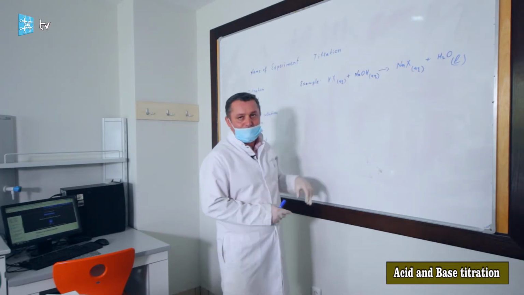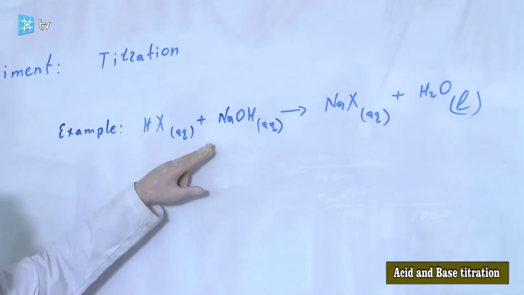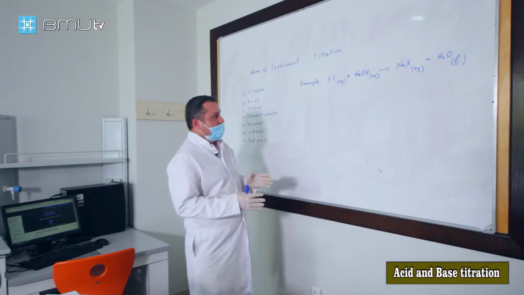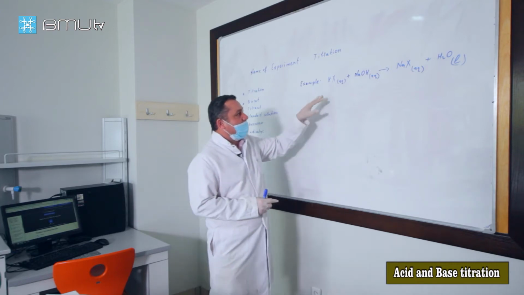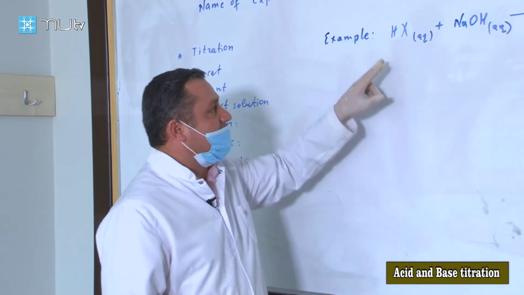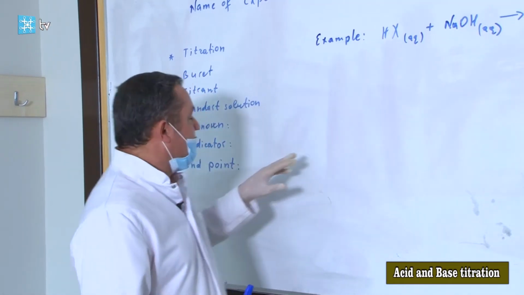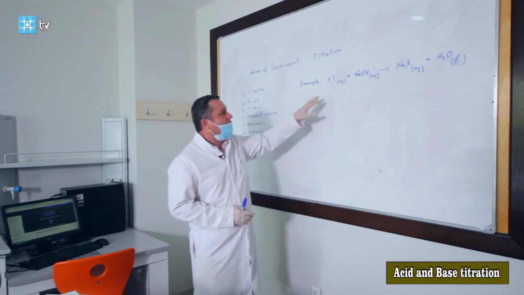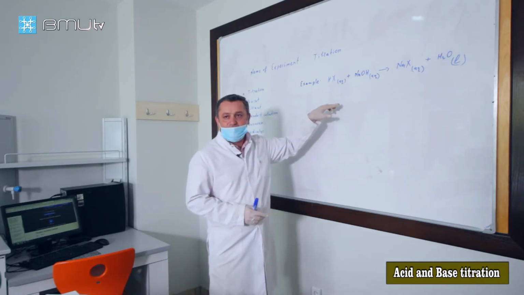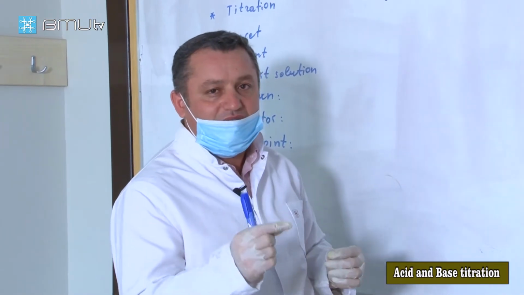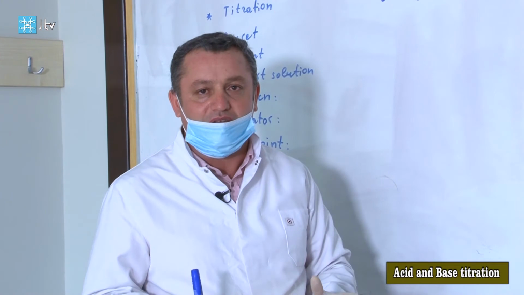This process continues until the color changes to pink. Why? Because in the acidic medium, our indicator phenolphthalein is colorless. When this reaction mixture changes to pink, it means that the reaction is complete.